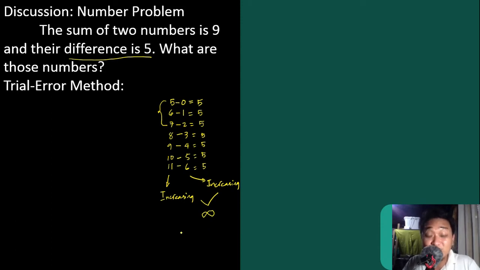Kung itutuloy pa natin to, haba ng haba yung ating magiging solutions. I-disregard na lang natin yung numbers na pababa, kasi negative number siya. We are not very much concerned with those numbers na pababa, kasi sa problem pa lang, ang number na concern natin, yung counting numbers. Ayan po.